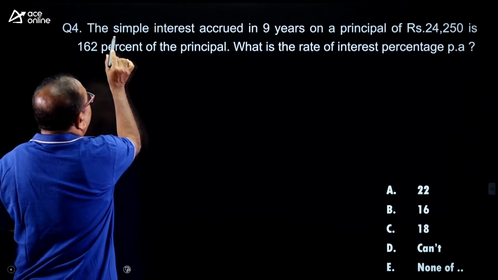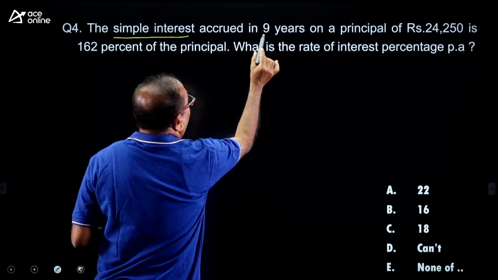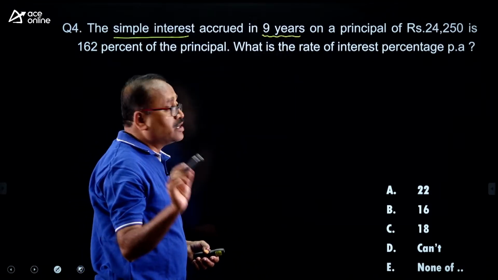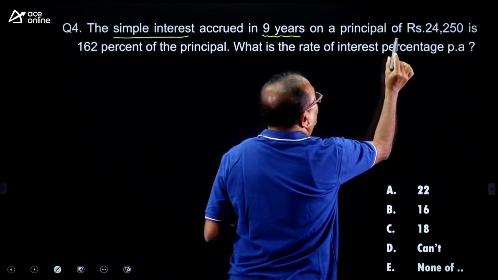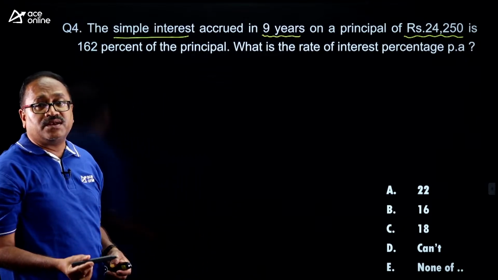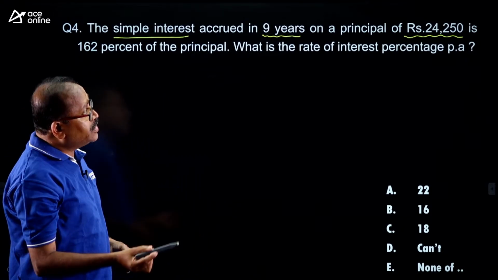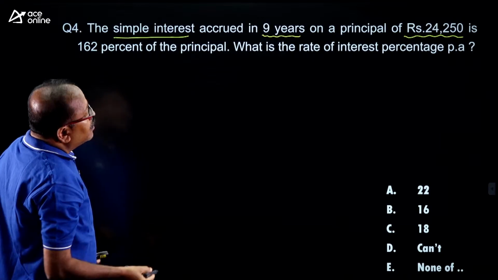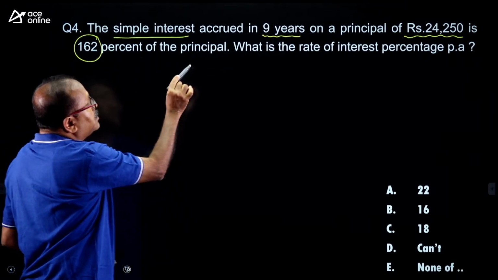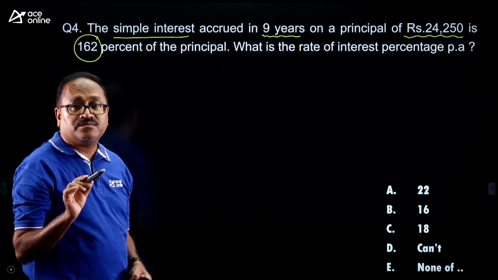Look at this one. The simple interest acquired in 9 years on a principal is rupees 24,250.